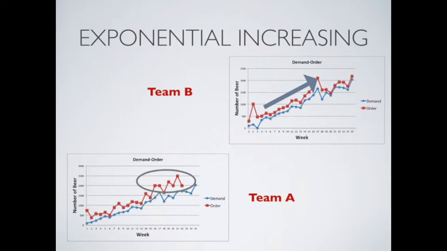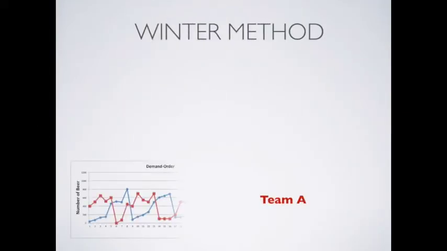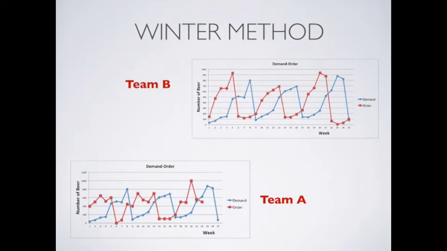Since there are 2 weeks of lead time, the order should be enough to fulfill the demand in these 2 weeks. In a seasonal trend, the effect is more serious. Due to the lead time, the company cannot respond to the change of demand immediately. But again, Team B placed orders with a similar trend to the weekly demand, which cost them less than Team A.